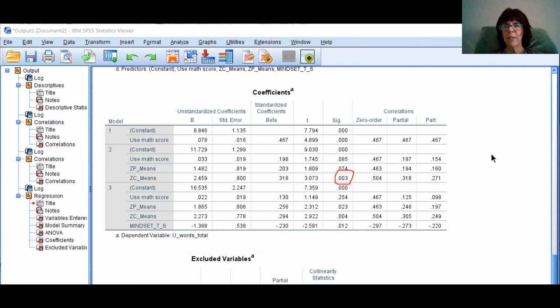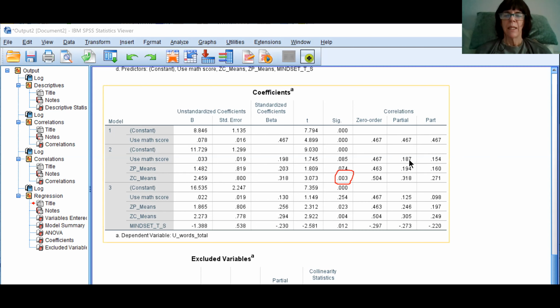And really the reason that I asked for the part and partial correlations is because of something we call multicollinearity. It's not really a problem in here, but it does account for this phenomenon: the simple, bivariate correlations between math or procedural knowledge and unique words are strong, 0.467 and 0.463.